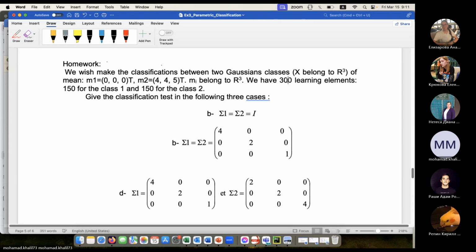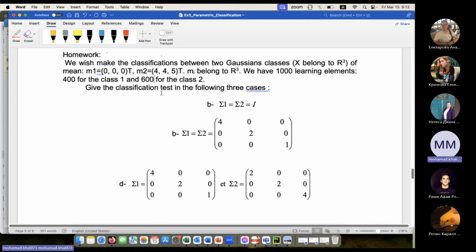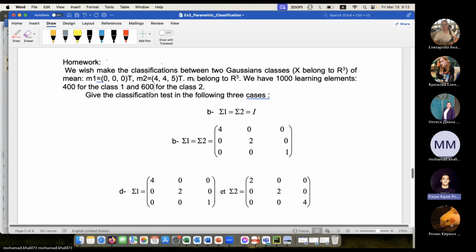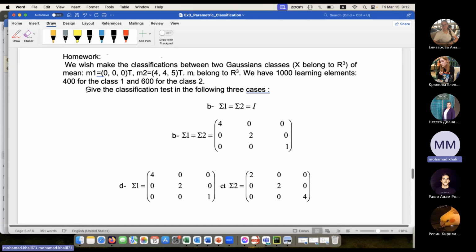I have 1000 points: 400 in class 1 and 600 in class 2. Let me make the question more interesting. My question is: give the classification test in the 3 cases.